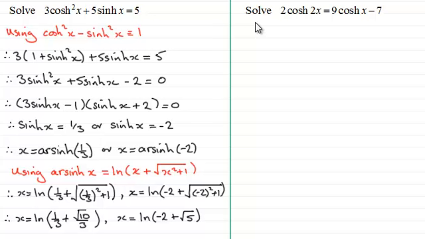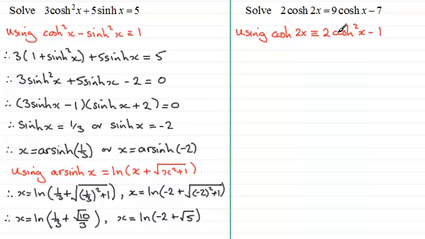Now for this next one, we've got to solve 2 cosh 2x equals 9 cosh x minus 7. And we pick up on the identity for cosh 2x, being able to express it in terms of cosh x. So we should be familiar with the identity, that is cosh of 2x being identical to 2 cosh squared x minus 1.